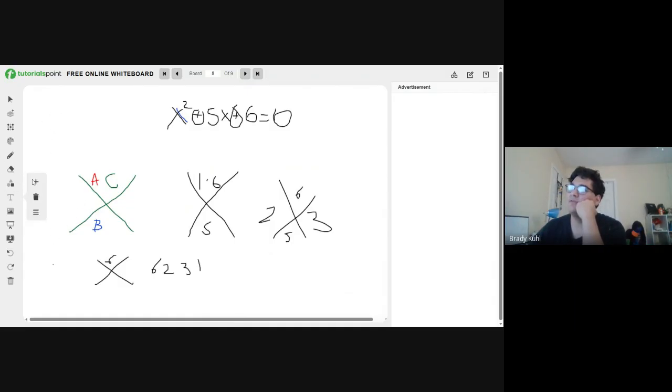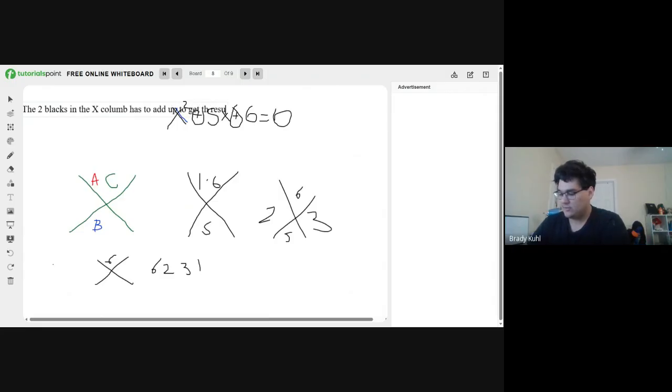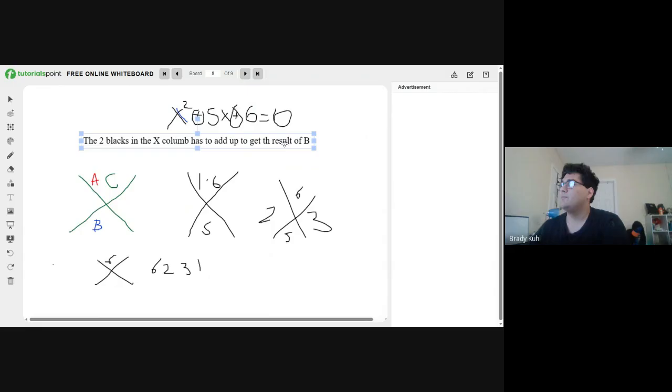I'm going to type it up because my handwriting is bad. But basically, the two blanks in the x column have to add up to get the result of b. That's 1.